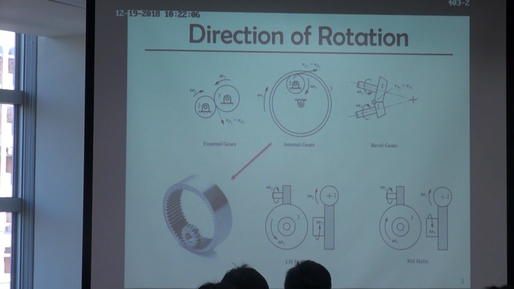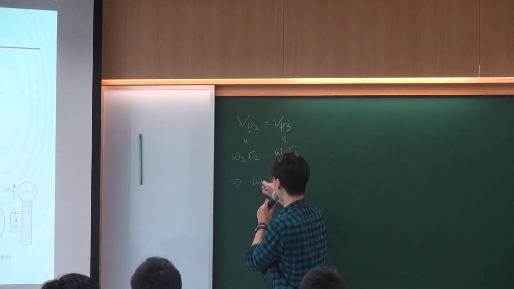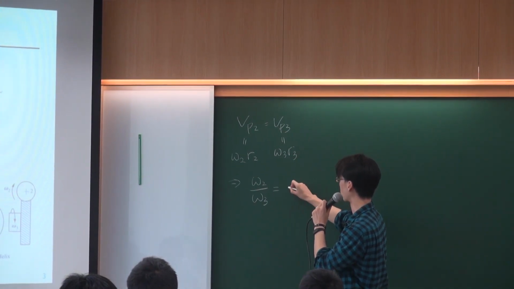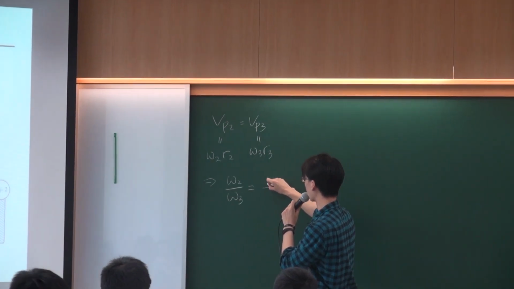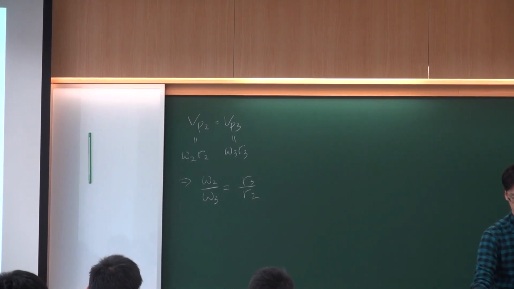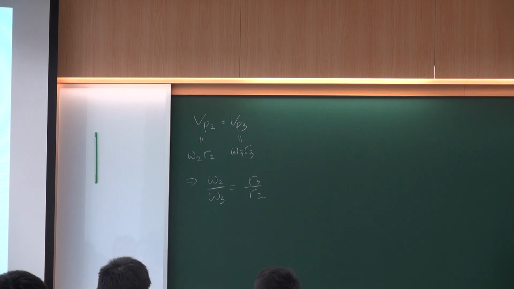So if you follow this equation, you can get their speed ratio. Omega 2 over omega 3 is R3 over R2. And for a pair of external gears, you can see the direction of the rotation is going to be opposite for this pair.